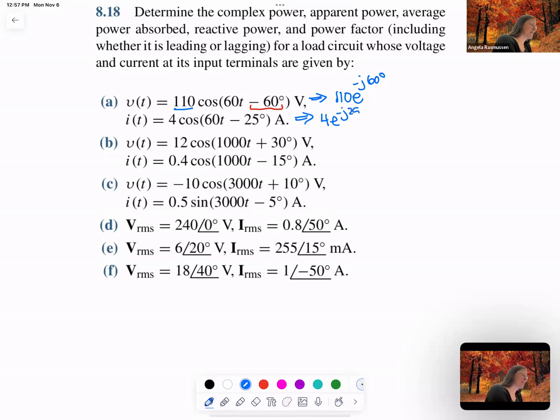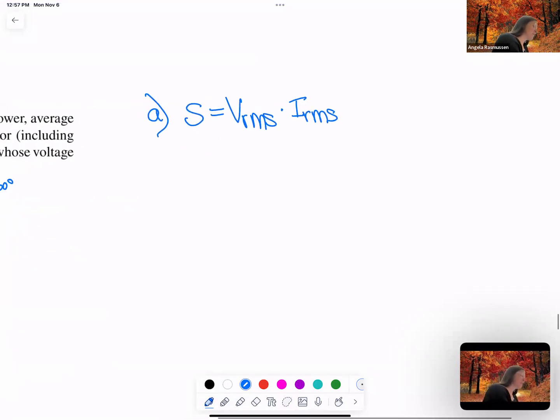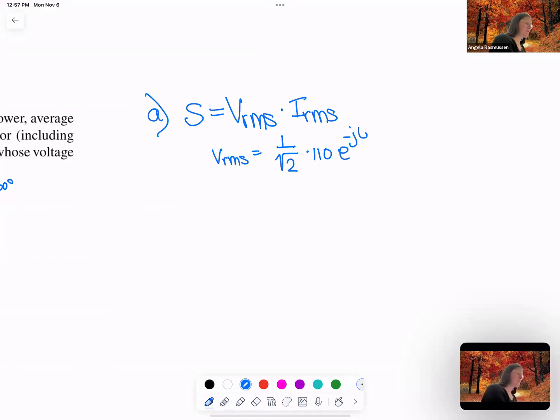Correct. Right. So now from here, the V RMS is just going to be 1 over the square root of 2 times that. And then I RMS is going to be the same, 1 over the square root of 2.